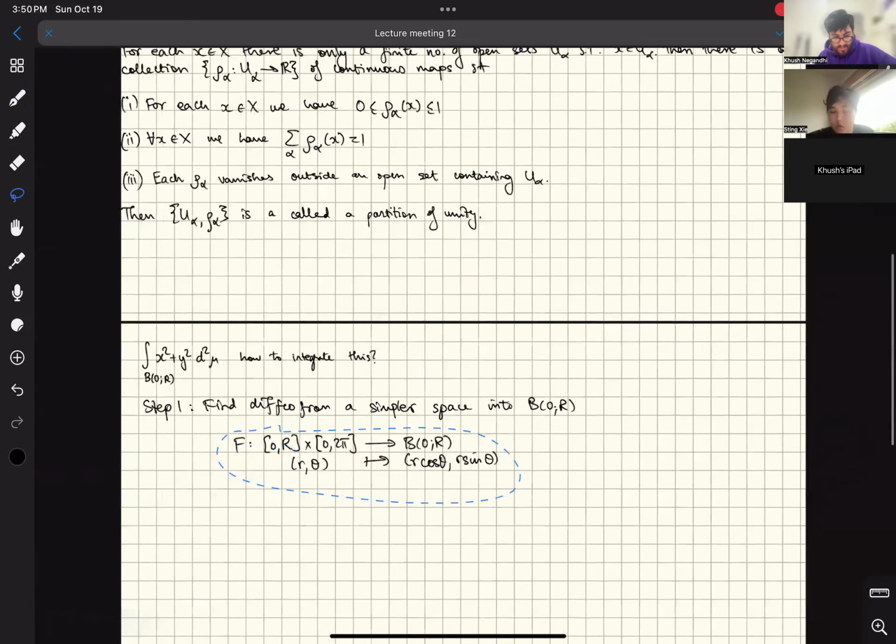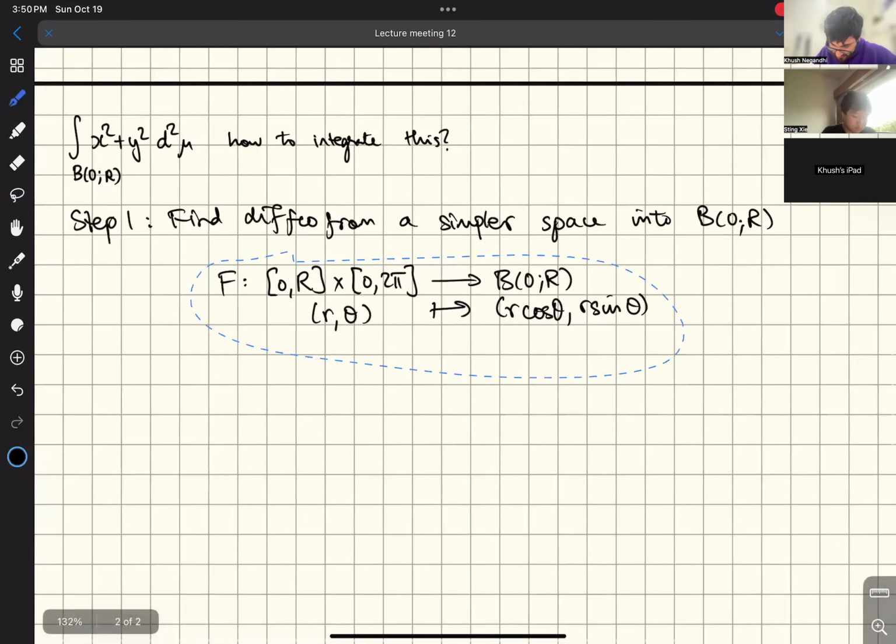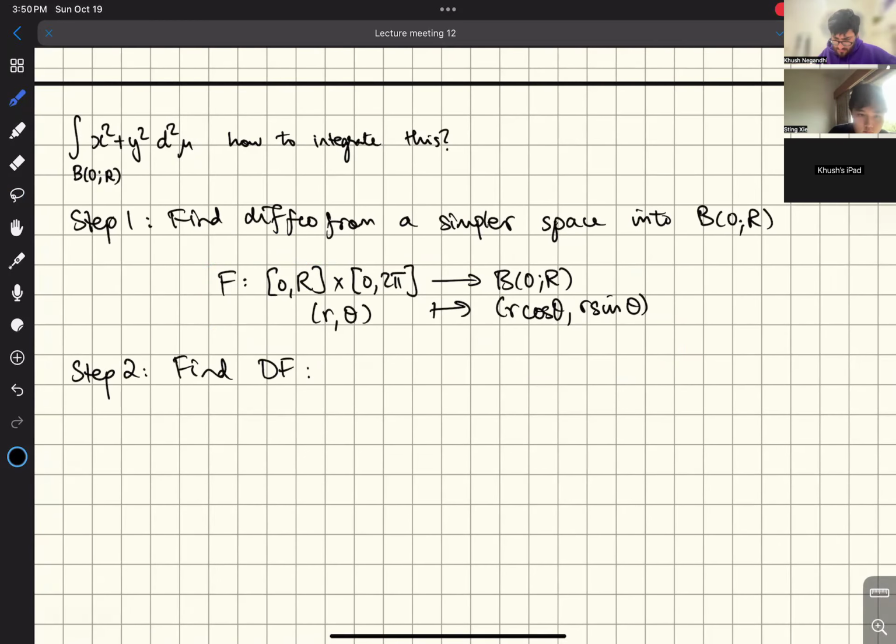Step two is now to find the derivative, df. But df is nothing but the matrix with rows cosine theta, sine theta, and negative r sine theta, r cosine theta.